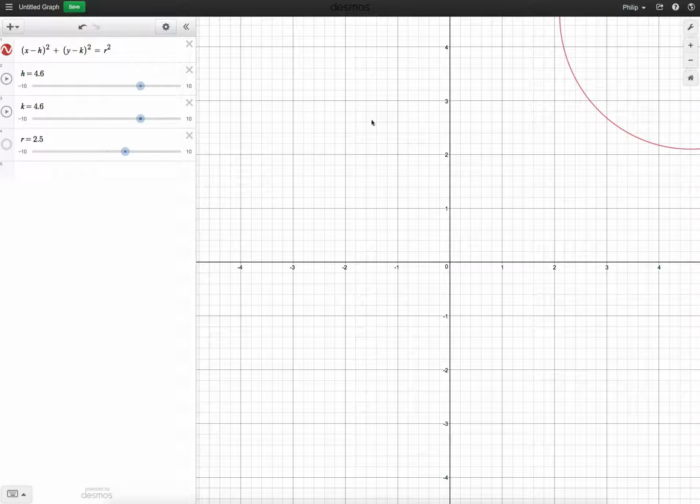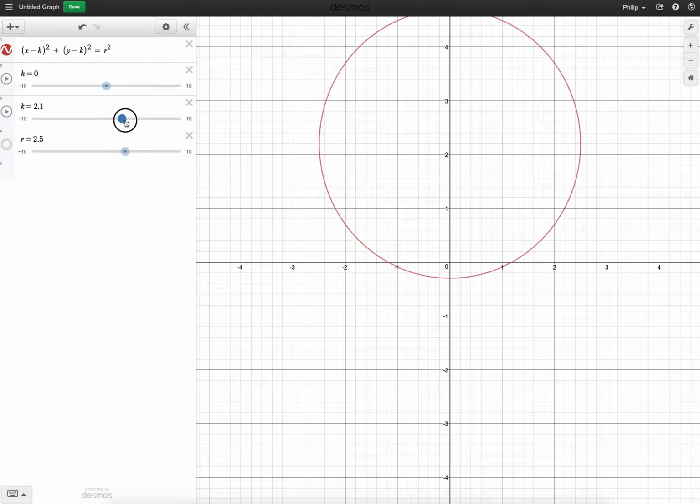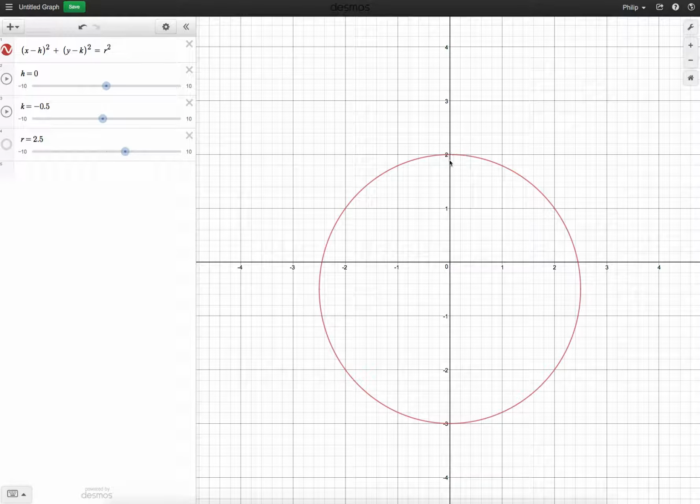All right, so what you should have found is that moving the slider for h moves the circle left and right, and in particular, it moves the center of the circle left and right. If h is equal to 0, the circle is centered right on the y-axis, when x equals 0, so the x-coordinate of the center is 0.